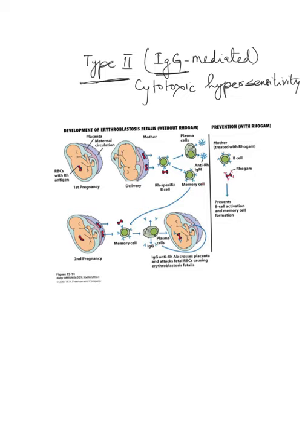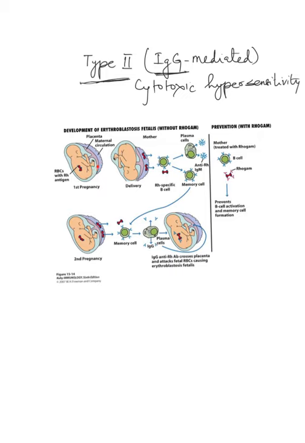So what happens when there is a second pregnancy, and a similar situation is there when the fetus is Rh positive? And why is the fetus Rh positive? Because the father is Rh positive and the mother is Rh negative. So the fetus can be Rh positive. And during the second pregnancy, some of the blood may enter into the mother's circulation.